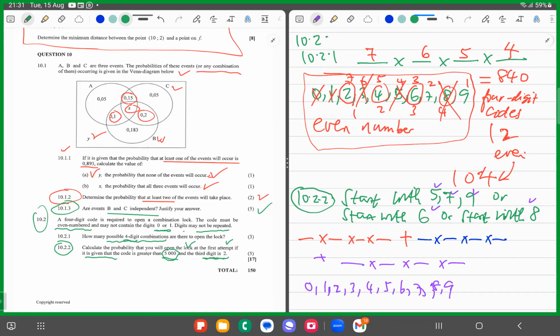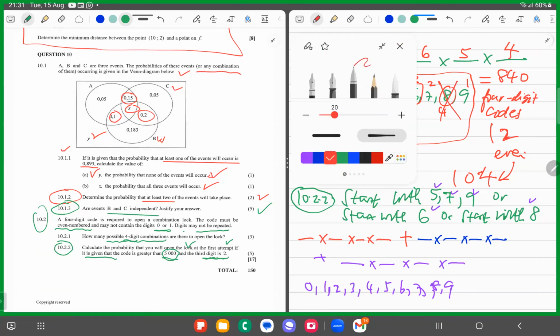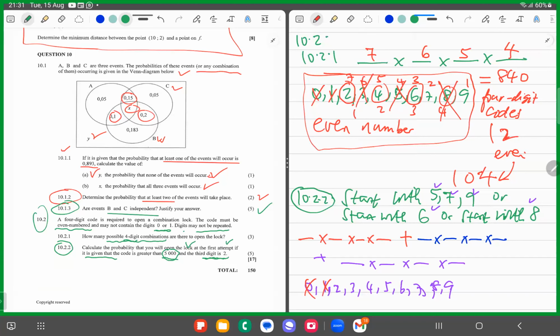Suppose you start with a given number, but remember, you must remove 0 and 1 from this, right?